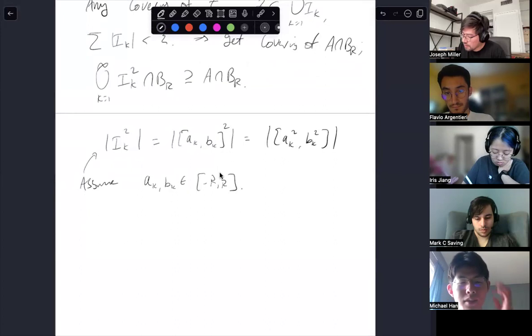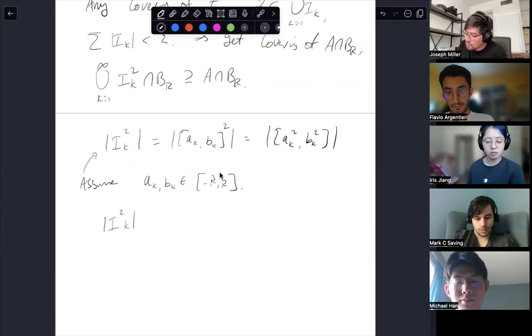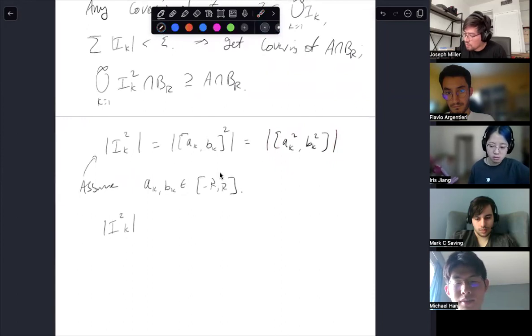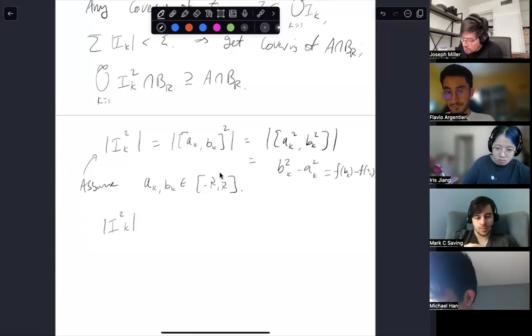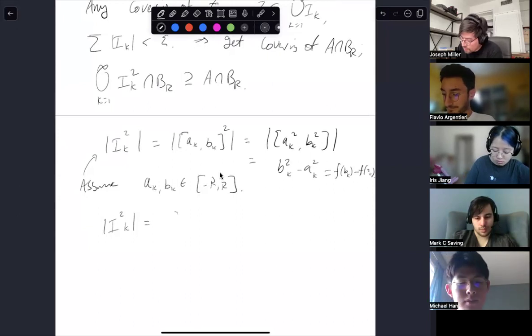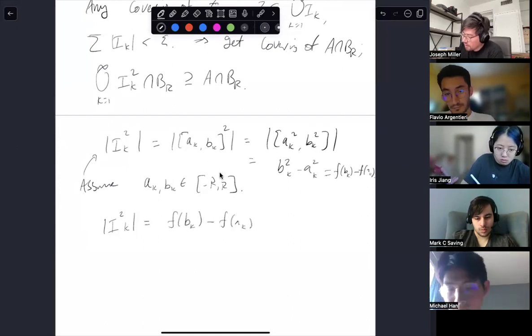So when I get this, the measure of I_k squared is actually equal to b_k squared minus a_k squared, so this is f of b_k minus f of a_k, because f is just the square. Okay, so this guy is equal to f of b_k minus f of a_k, and I think I've got to put absolute values.